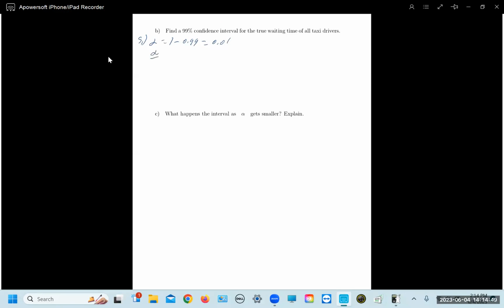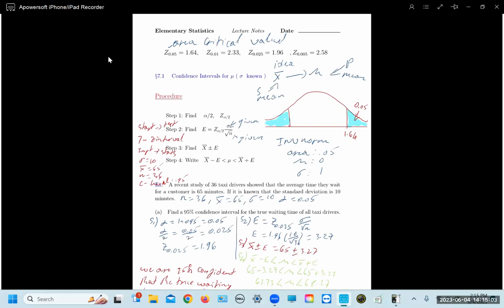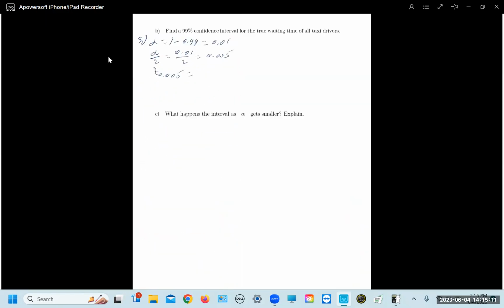So alpha over 2, 0.01 divided by 2, we got 0.005. So z of 0.005, we have right here, that is 2.58.